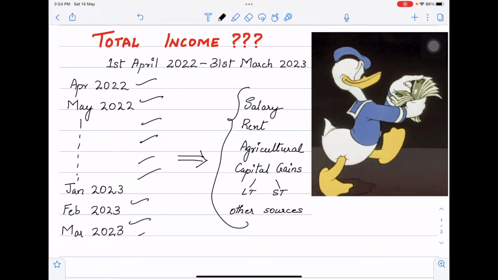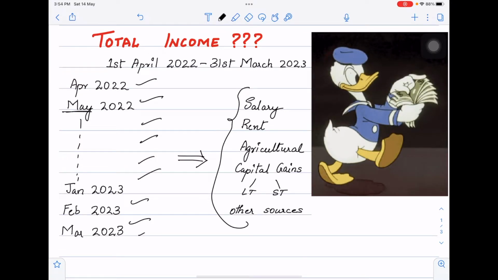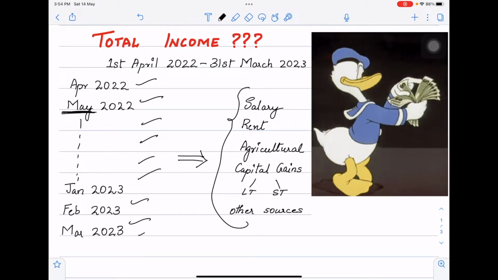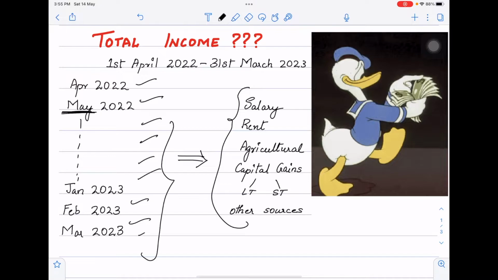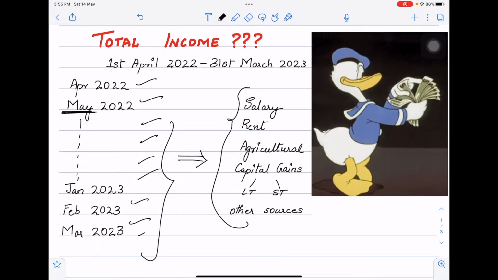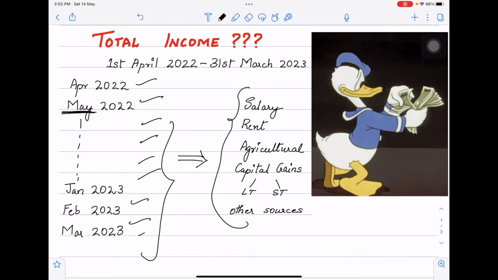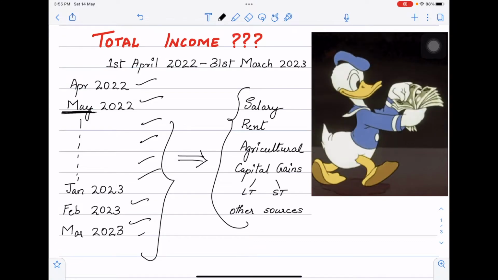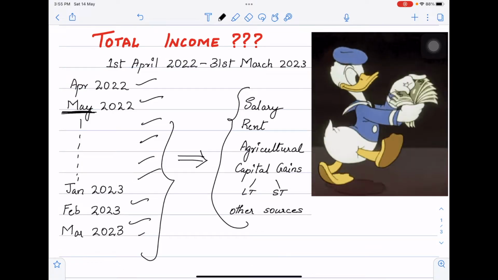Now there is one important thing that I want to tell you. We are currently sitting in May, all right? So we obviously do not know how much money you're going to earn in these particular months because that time has not come. Do remember that if you look at column number 17, it says estimated total income. So it is only an estimation or an approximation.